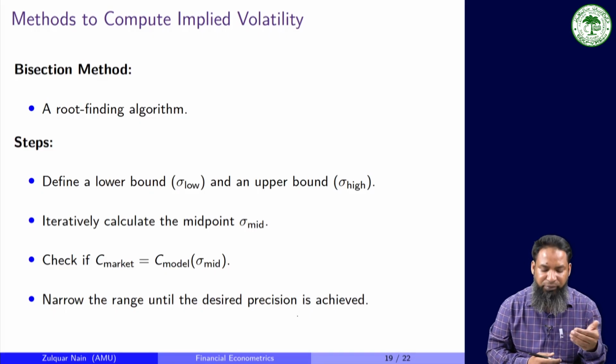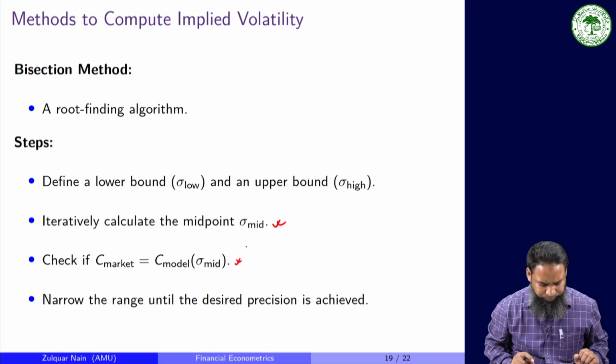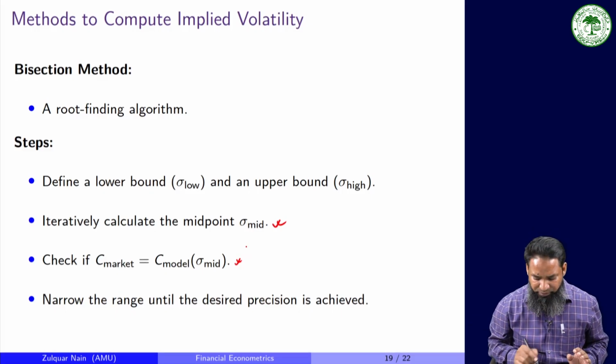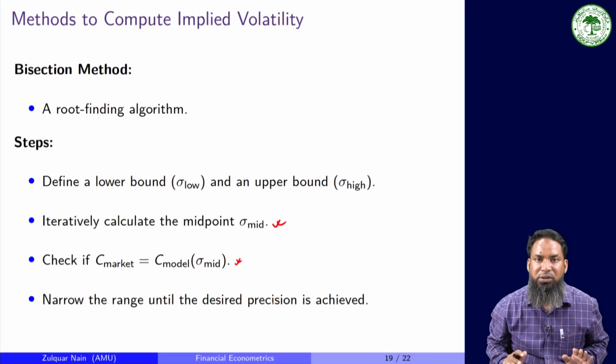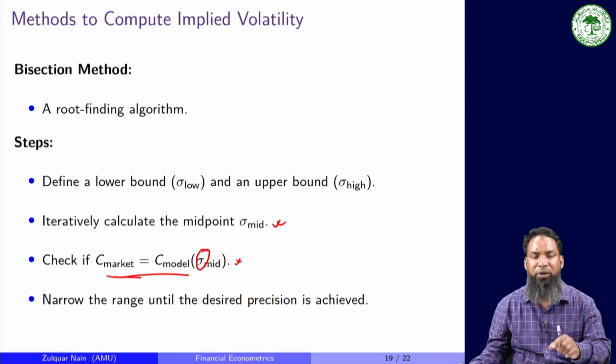Then iteratively we calculate the midpoint. So we keep narrowing the range until we get the desired precision, which gives us this equality, and that value of sigma is nothing but the implied volatility.